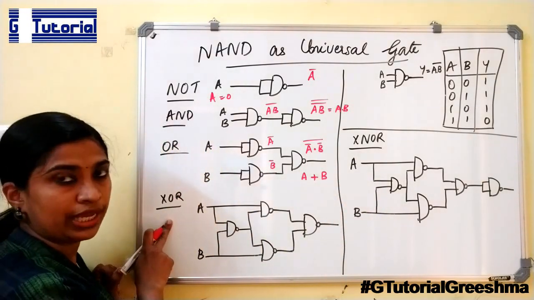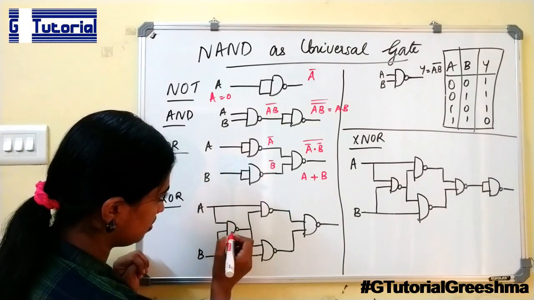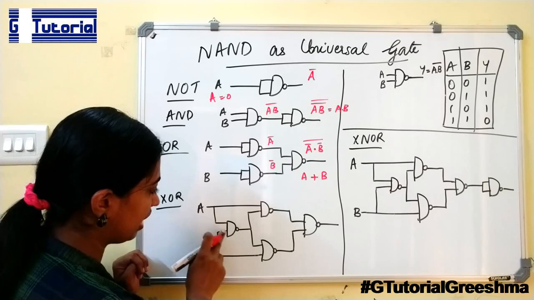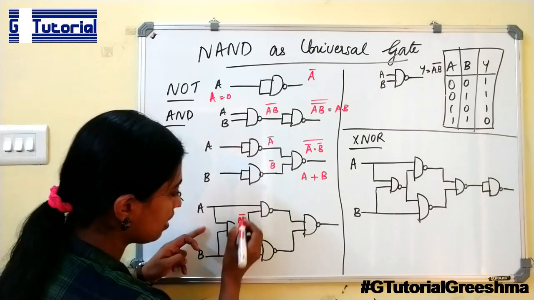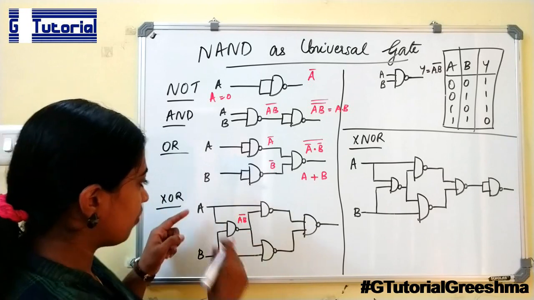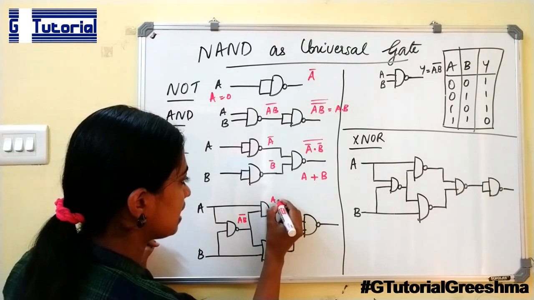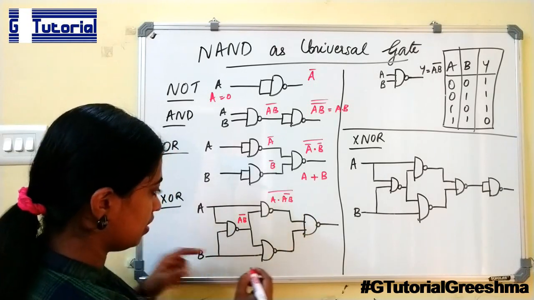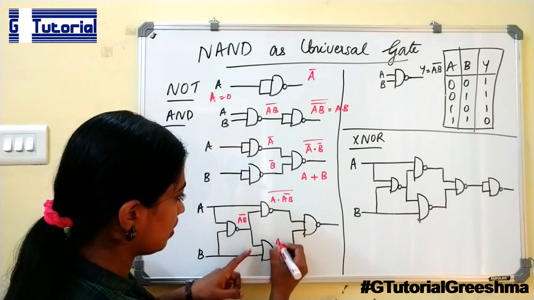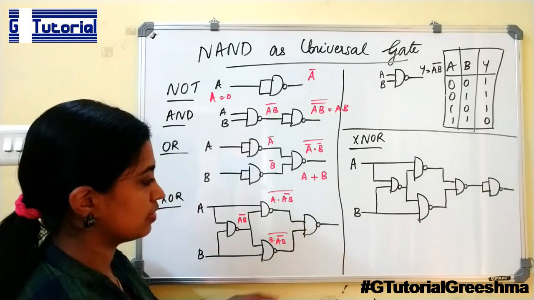Next is the XOR gate. We are providing A and B to the input of this gate, so we will get (AB) bar, and along with that we are providing A also. So the output of this gate is (A dot (AB) bar) the whole bar, and here (B dot (AB) bar) the whole bar.